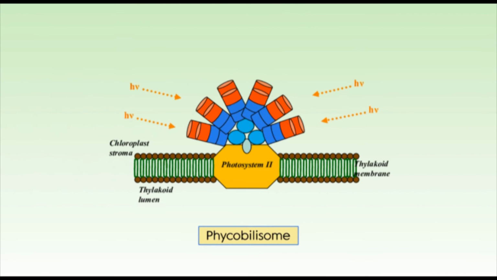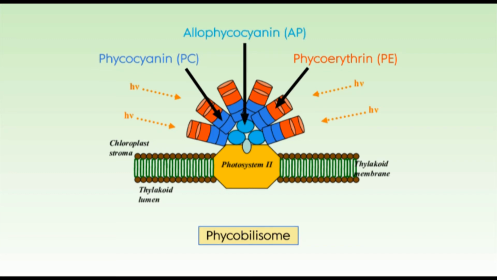So let's look at a phycobilisome. In these highly structured assemblies found in cyanobacteria and red algae, phycobilin pigments bound to specific proteins form complexes called phycoerythrin, PE, phycocyanin, PC, and allophycocyanin, AP.